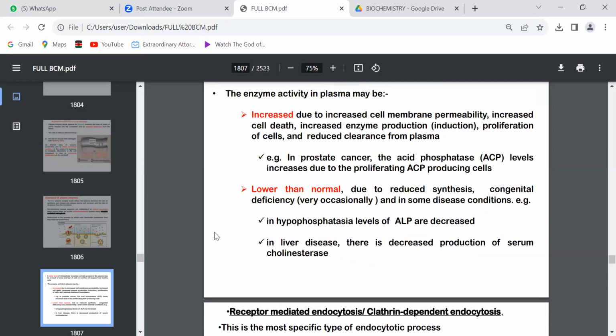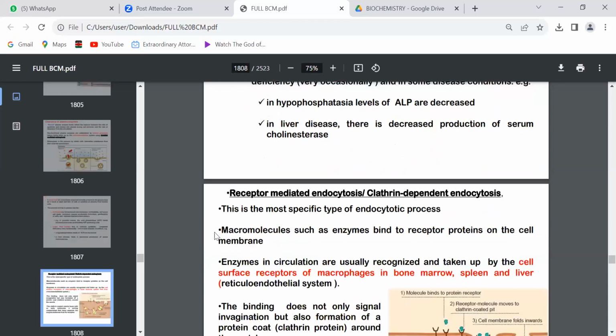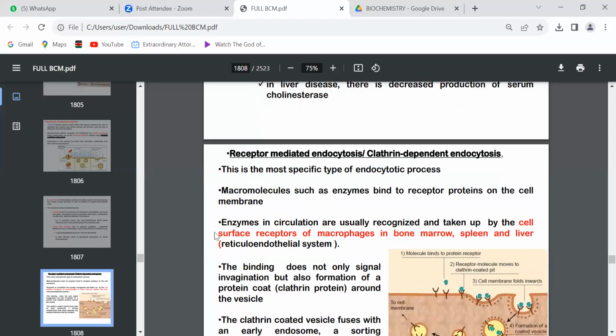So for clinical enzymology, we're just trying to find the underlying clinical condition that is leading to this whole imbalance in the enzyme levels. So like we said, with receptor-mediated endocytosis, the enzymes in plasma are taken up, they are endocytosed in the reticuloendothelial system.